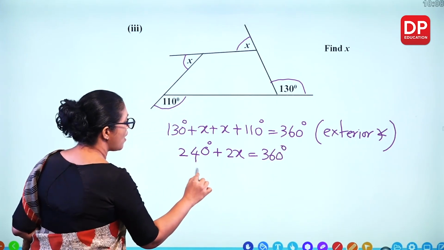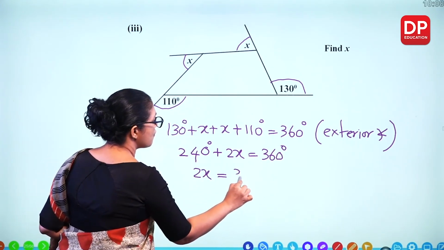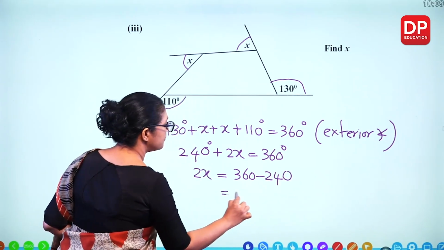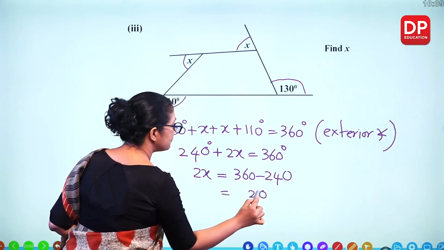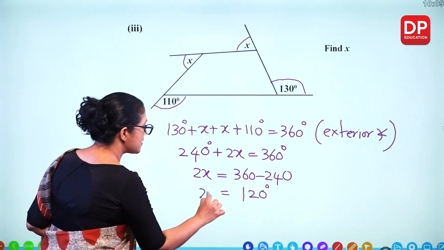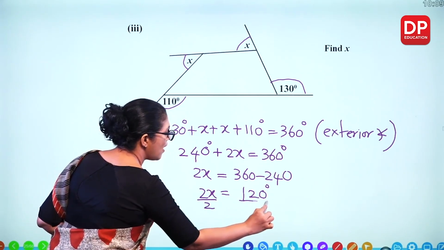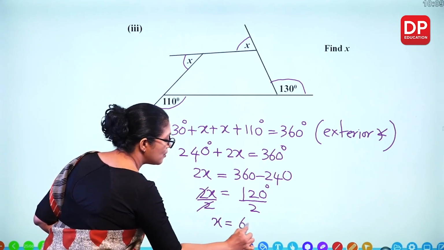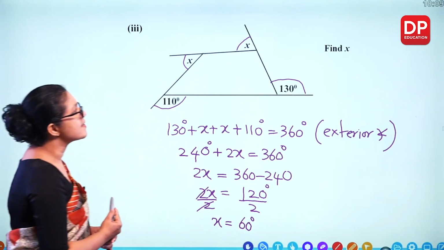Then subtract 240 from 360, you get the 2x value, 120. 2x is 120. Divide this by 2, you can find out the x value. That's 60 degrees.